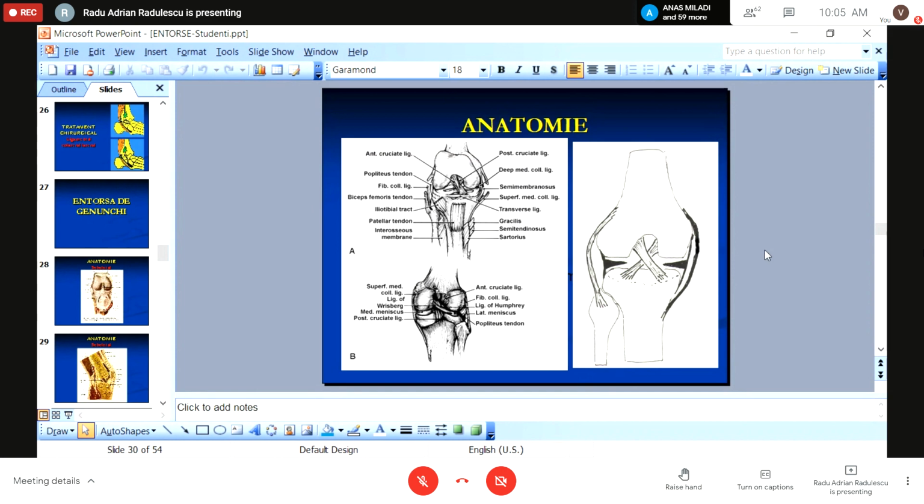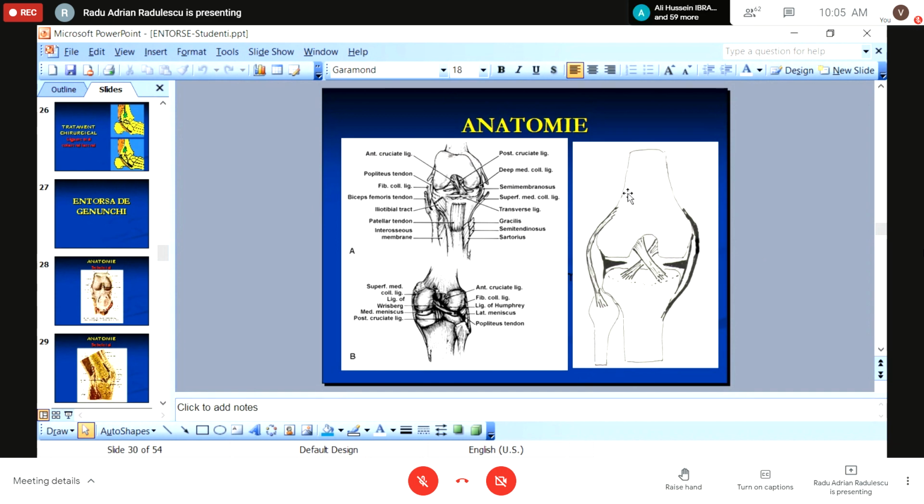We usually name them only as anterior cruciate ligament and posterior cruciate ligament. These two ligaments, which are located in the middle of the knee, but inside, of course, the articular cavity, are responsible for the stability of the knee in the sagittal plane.